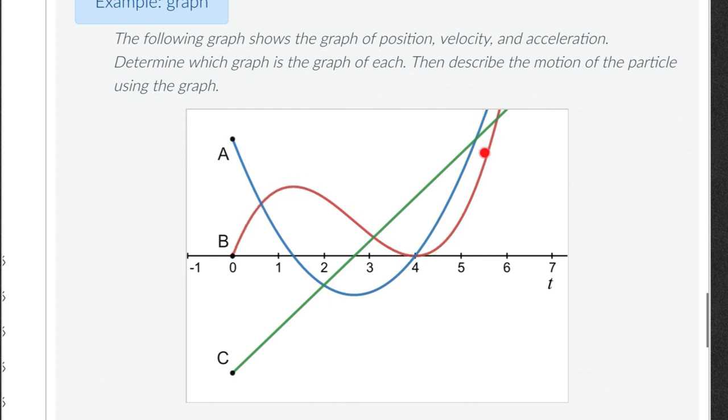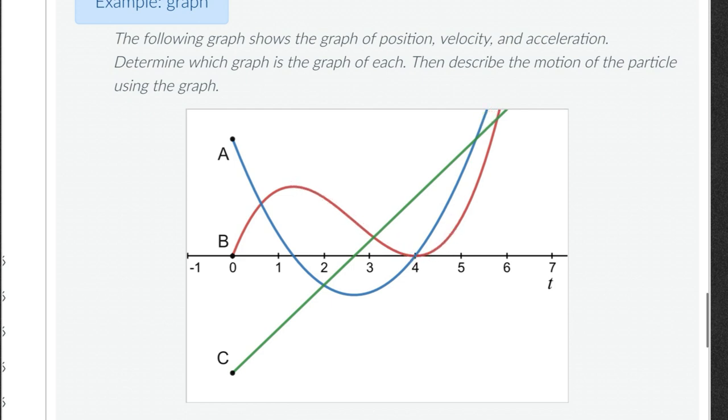looks like a cubic. But the graph B is increasing and then decreasing and then increasing, which means if there is the derivative of the graph of B, the derivative would be above the x-axis and then below the x-axis and then above the x-axis.